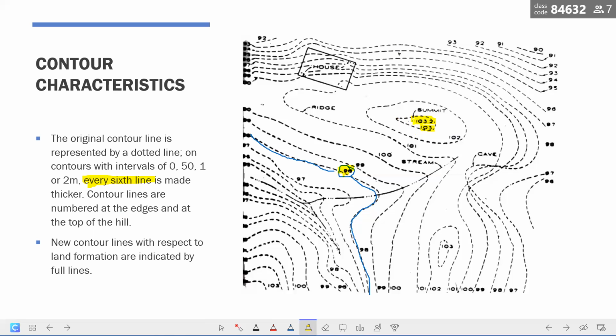As I mentioned before, the lowest and the highest points are usually indicated, and they are not illustrated but represented by a real number. So if the highest point is 103.2, or maybe 103.5, or maybe 105, then you write it as it is.